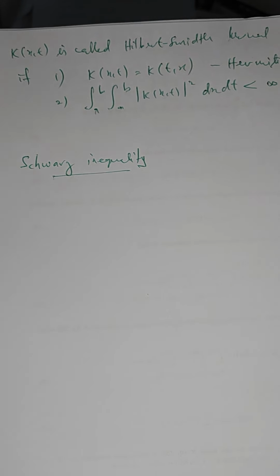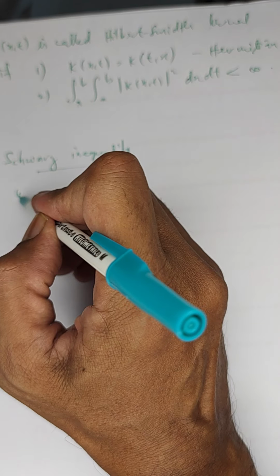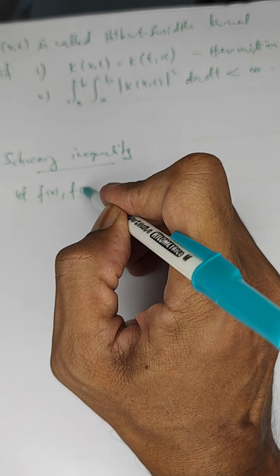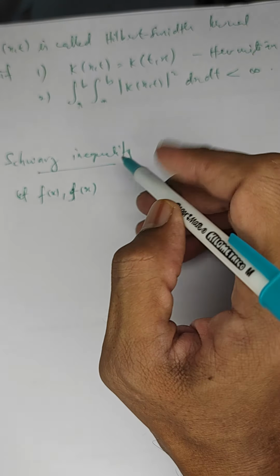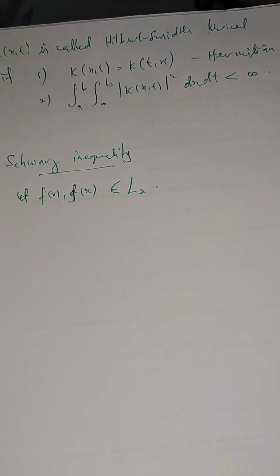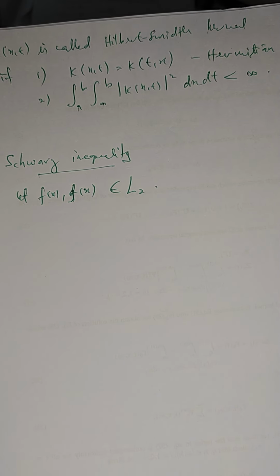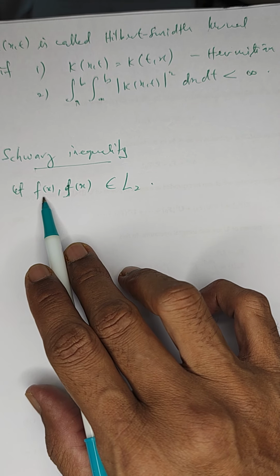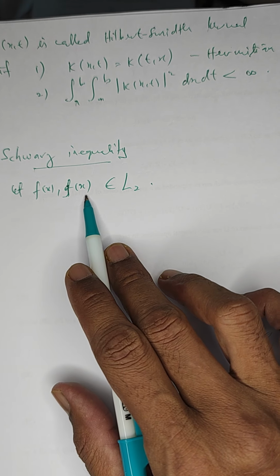Let f(x) and g(x) be in L2, meaning f is square integrable and g is also square integrable.